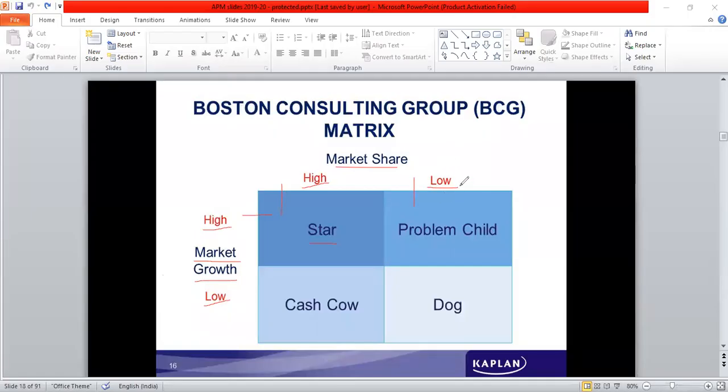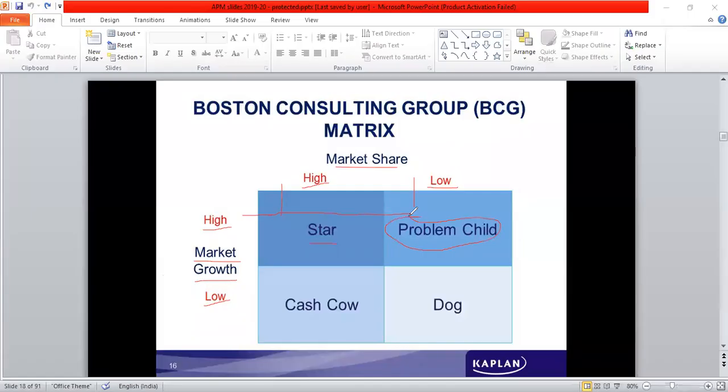They haven't achieved anything remarkable until now, but they still have a scope to do well in the future. Maybe they take care of the additional investment, and it is possible for them to grow along with the growth in the market. Such firms or business units are categorized as problem child.